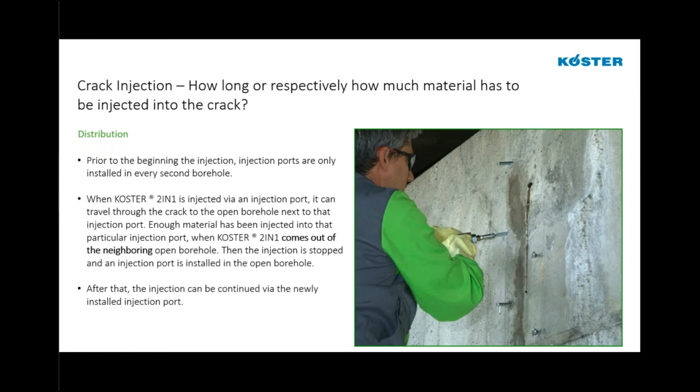As we can see in this picture here on the right, he's injecting into that port on the left of the crack, and we can see up maybe 6 or 8 inches on the other side of the crack, we're getting resin coming out of that adjacent borehole, which means we've had enough travel of the material up the crack and out that borehole, which means that foam has moved far enough up the crack where we can stop, install an injection port in that open porthole, and continue the injection up the wall.